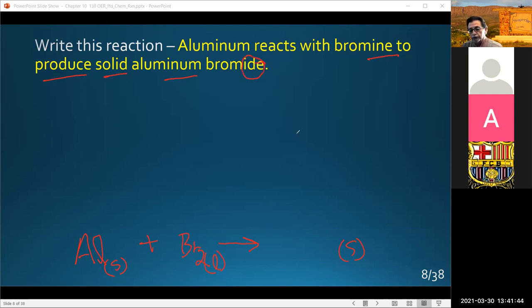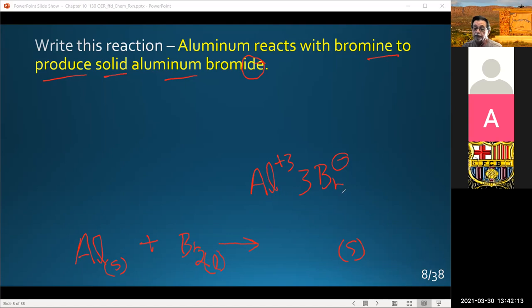Okay. And so let's first write them in ionic form before we put them together. So we know that aluminum in ionic form has a +3 charge. Okay. And we know the bromides, as with the chlorides, each have a -1 charge. And so we're going to need 3 bromides per 1 aluminum ion.